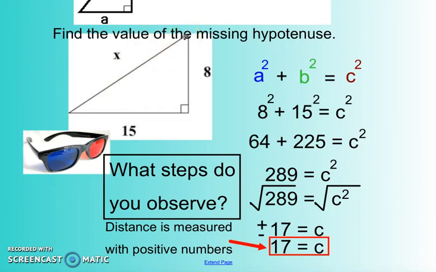When we're working with distance, you don't work with a negative number. You work with a positive number because I don't travel a negative distance. And so we only select the positive answer. So the square root of 289 is 17, and that would be my missing hypotenuse.